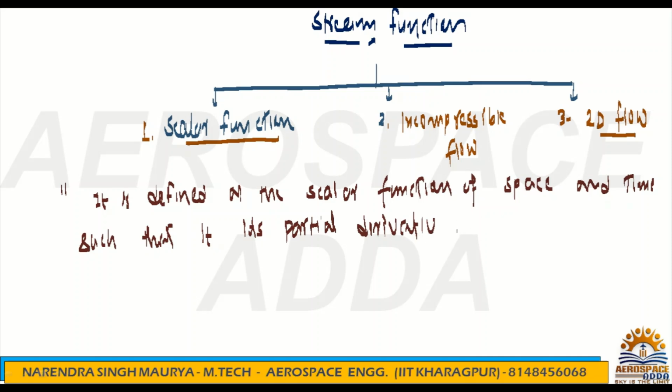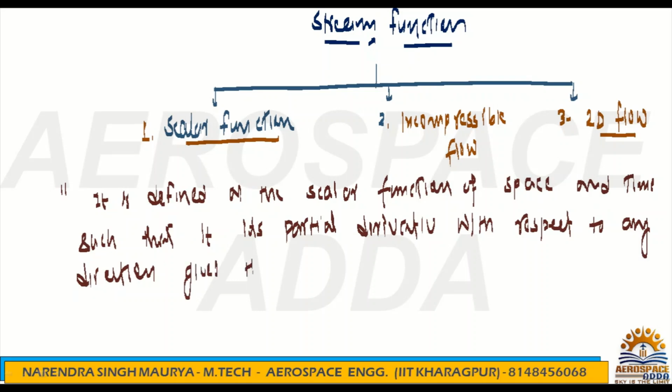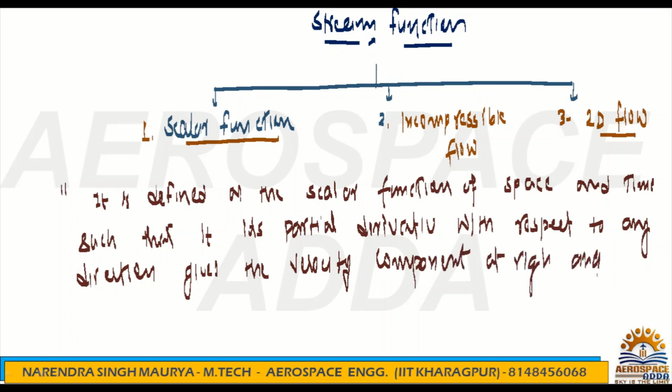Its partial derivative with respect to any direction gives the velocity component at right angle.